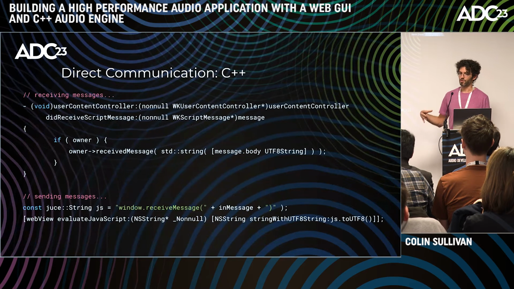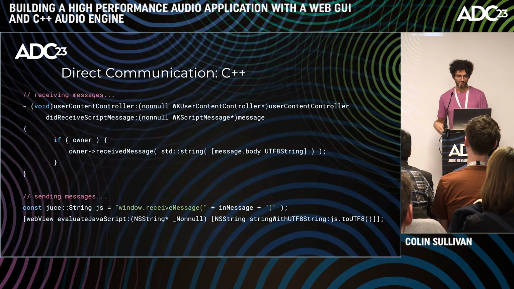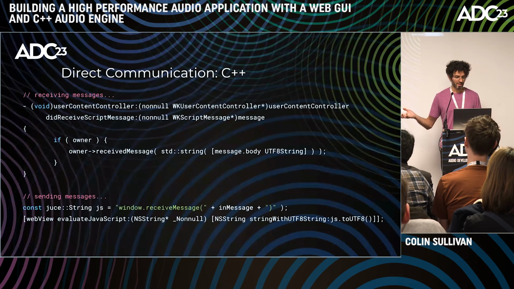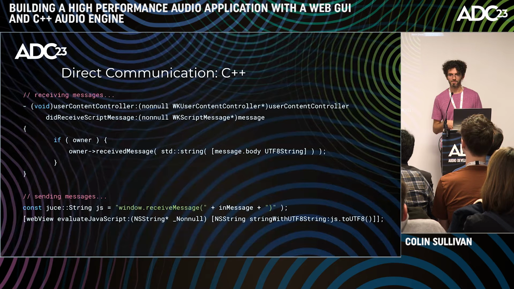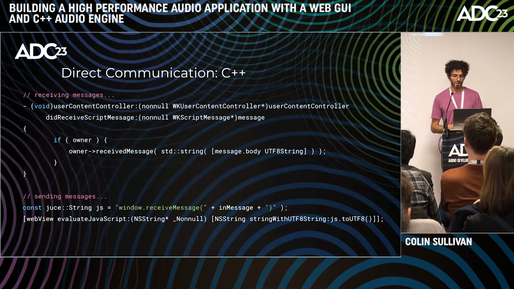So now we're into the native code on Mac. On Windows it looks different, but it's effectively doing the same thing. On the top, there is this WKUserContentController. This is the API the Safari WebView has to handle a message that's been sent from the WebView. And on the bottom, this evaluate JavaScript call.